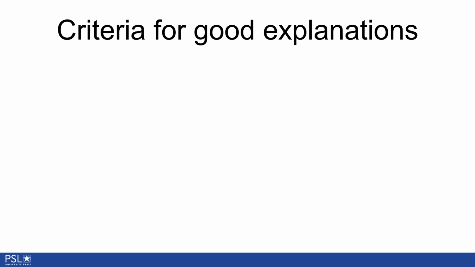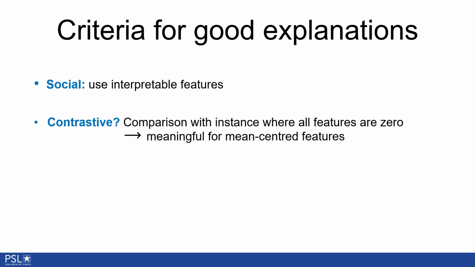Then we can apply to logistic regression the same criteria for explanations as we did for linear regression. First, are the explanations social? This point depends on whether the features used by the model are directly interpretable and meaningful for the audience. Are explanations contrastive? As in linear regression, a natural point of comparison in logistic regression is an instance where all the features are 0.